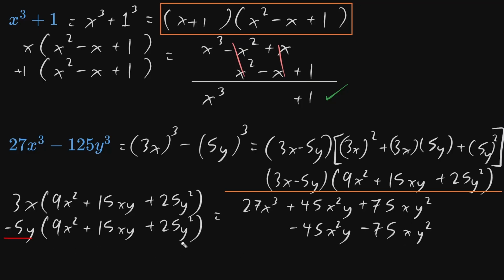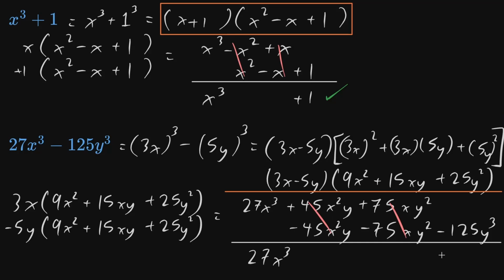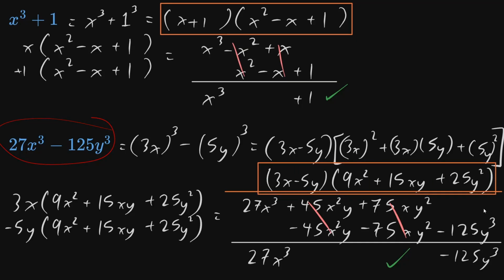And finally, this negative 5 times this 25, that will give us our negative 125y cubed. We combine everything together. Sure enough, these two terms are going to cancel just like that. We'll be left with a 27x cubed minus 125y cubed. That is exactly what we were looking for right over here. So yes, this is going to be our factored form as expected.